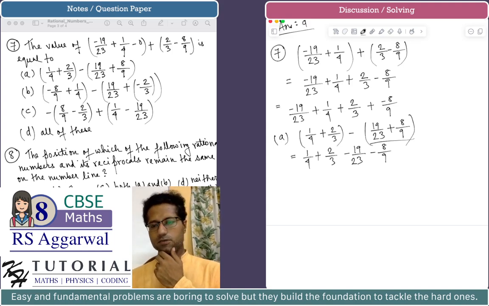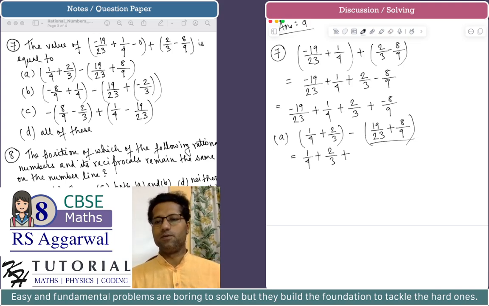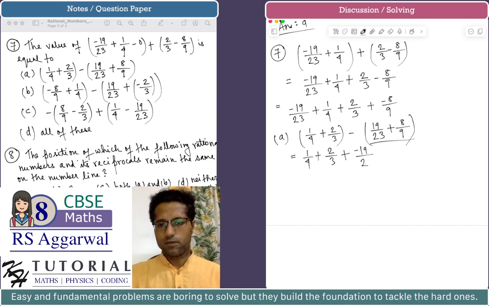When I open the second bracket, the sign of the two internal rational numbers will change because we have a negative sign before the bracket. So this will be minus 19 by 23 plus minus 8 by 9.